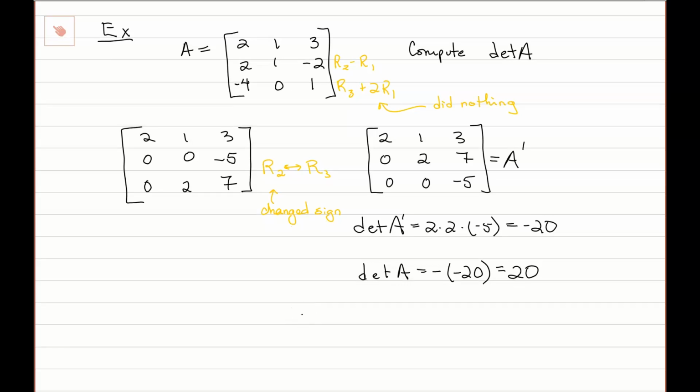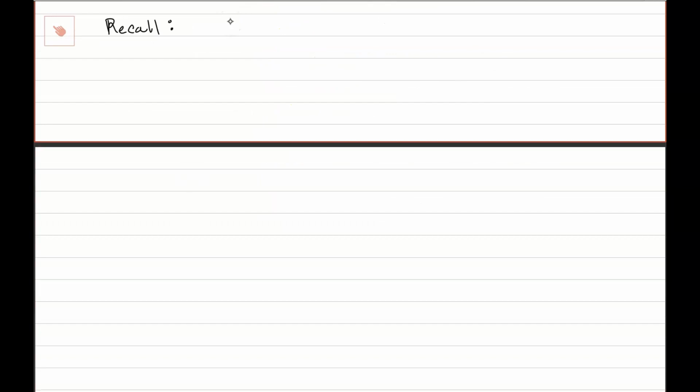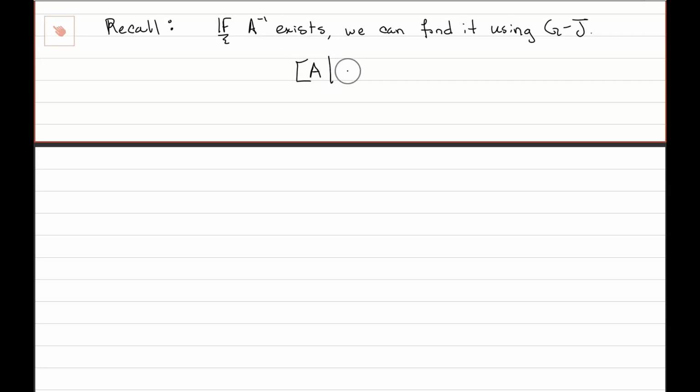Now that we know something about the determinants of those elementary matrices, let's think about what they can tell us about invertibility. Let's take a moment to recall how we go about finding the inverse of a matrix. The way that procedure works is we start with our matrix A put together with an identity matrix I to form this augmented matrix, and then we perform a sequence of row operations, which we can encode into these elementary matrices, and then our row operations are essentially just matrix multiplications.